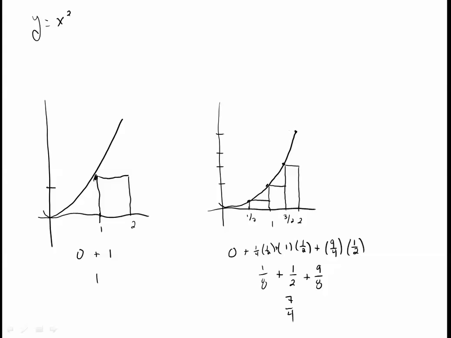So we can see the principle that as we break this up into more and more rectangles, our method of approximation is better. And what the fundamental theorem of calculus ultimately is doing is it's allowing us to deal with what happens when the width of each of our rectangles approaches 0.